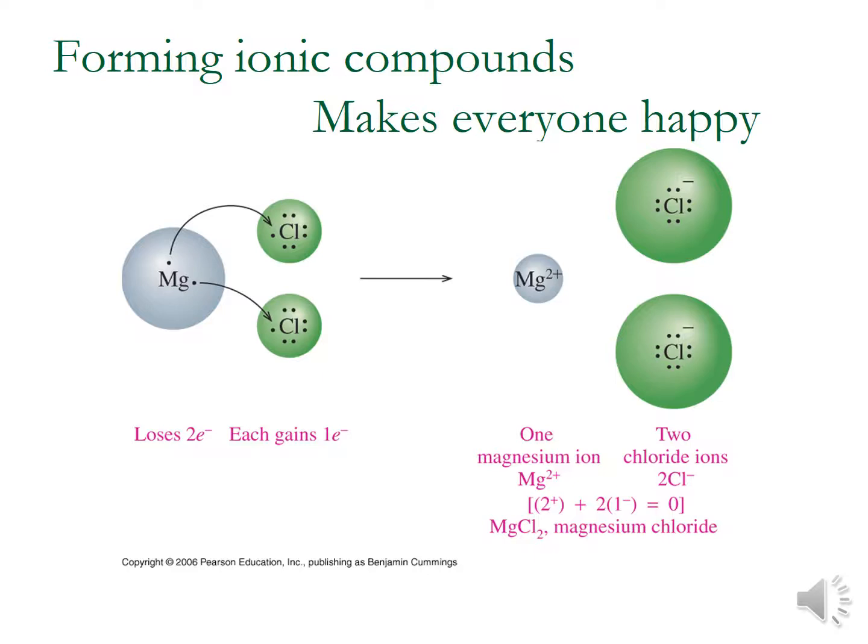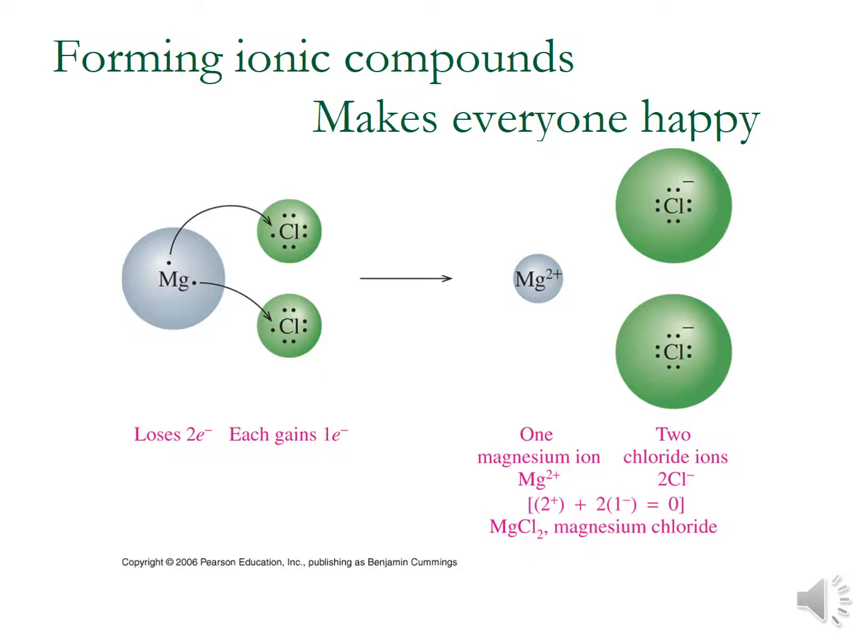So if two chlorine atoms were to bond with magnesium, magnesium could give one electron to each. Magnesium would become Mg2+, with 2 electrons in the first level and 8 in the second. And chlorine would become Cl-, or chloride, with 8 electrons in the third energy level. Both, you see, form their octet rule.